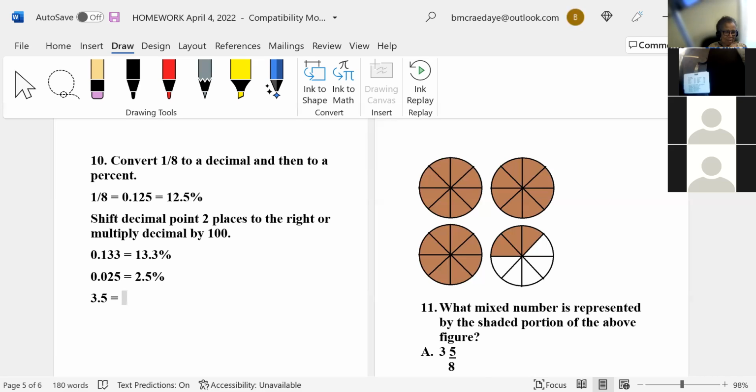Maureen, what are you saying? 3.5 as a percent will be what, Maureen? No. Move your decimal point two places to the right. And what do you get?